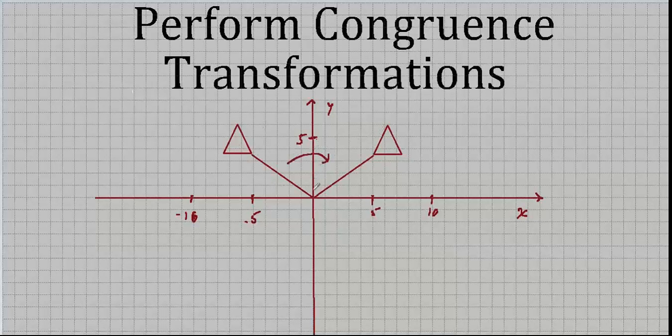This is about 90 degrees, might be a little bit more. I was shooting for 90, but I might have missed. But notice the triangle rotates just the way it would if it were connected to an arm that swung around and it was all one rigid piece. And that's how we do a rotation. Notice for 90 degrees, you're going to have some easy ways of computing your new coordinates.